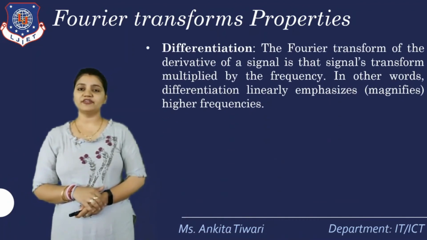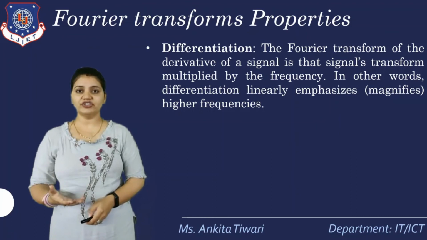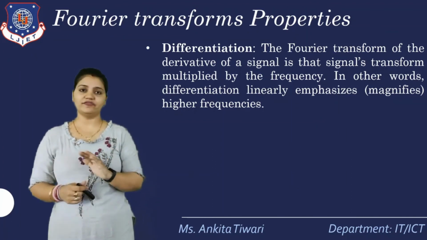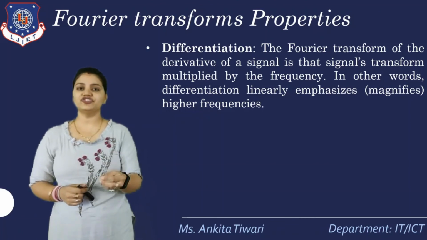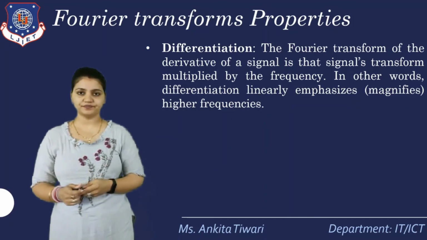With respect to that, we have differentiation. The Fourier transform of the derivative of a signal is that signal's transform multiplied by the frequency. In other words, differentiation linearly emphasizes, magnifies, higher frequencies.